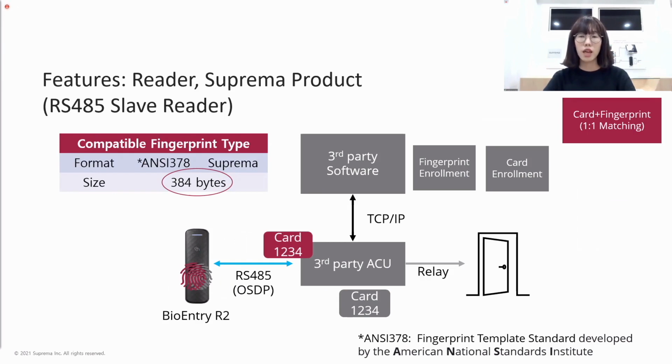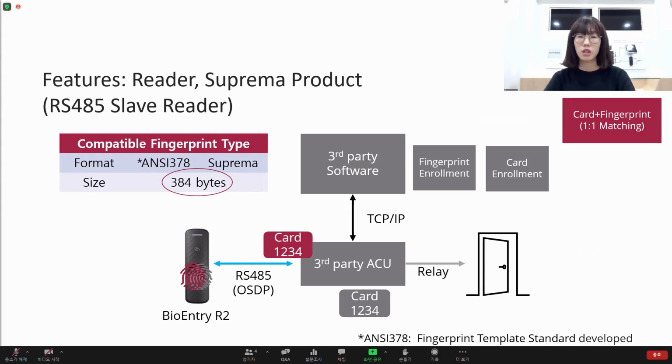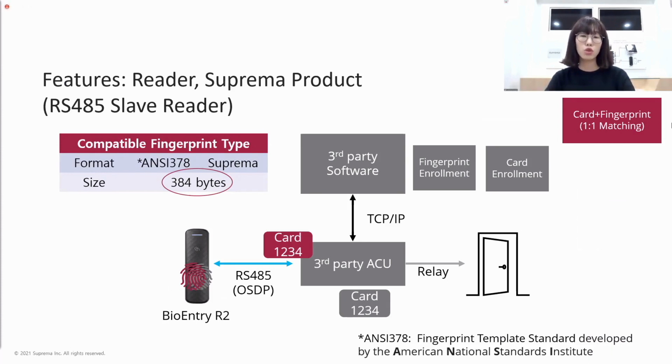After that, the user inputs a fingerprint on the device. The loaded fingerprint is matched with the scanned fingerprint, and the result is delivered to the access control panel. Due to this fingerprint matching process, your system should be compatible with the fingerprint's relative specification of the Suprema device.